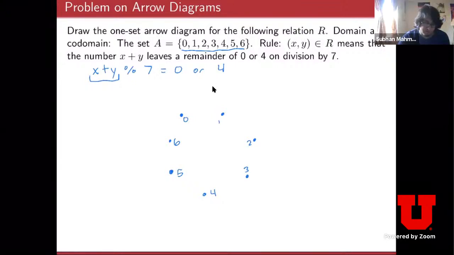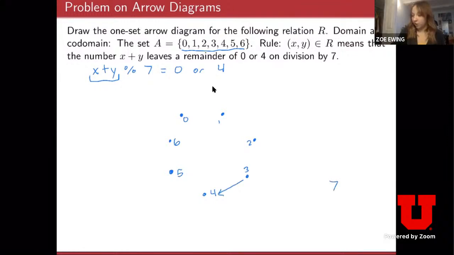3, 4, and 6, 1. So that's the sum: 3 plus 4 is going to be 7, so that will have a remainder of 0 after dividing by 7. And 6 and 1 will be the same, 7.